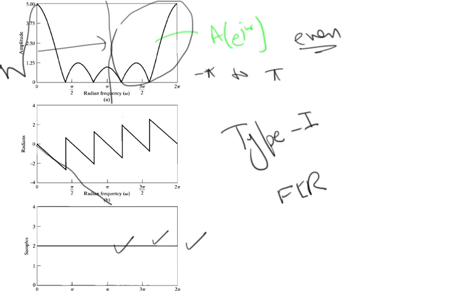Now let us discuss type 2 linear phase systems. For type 2 systems, you have 2 alpha is equal to m is equal to odd number.